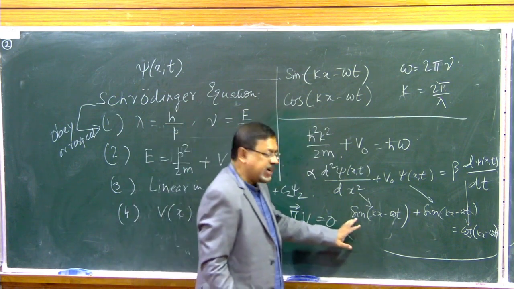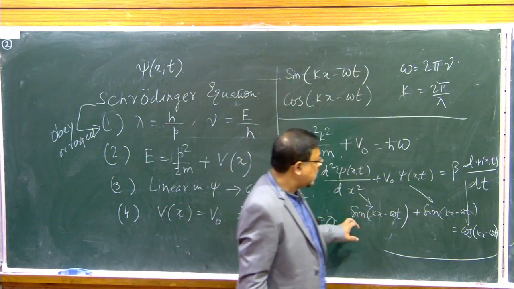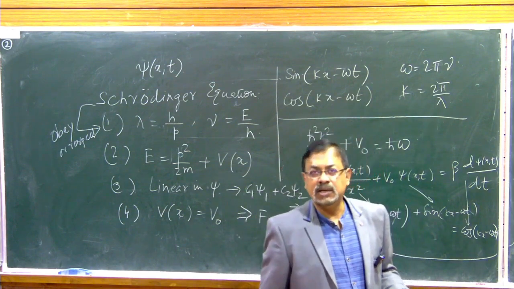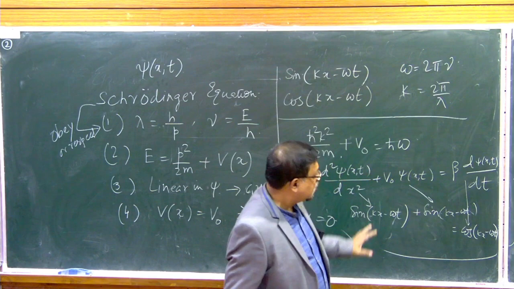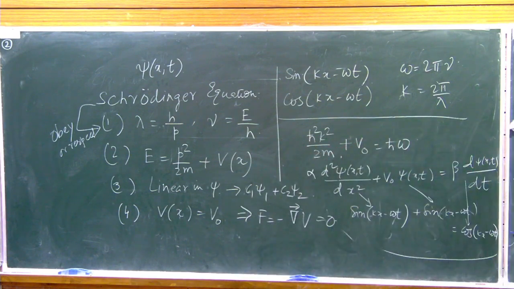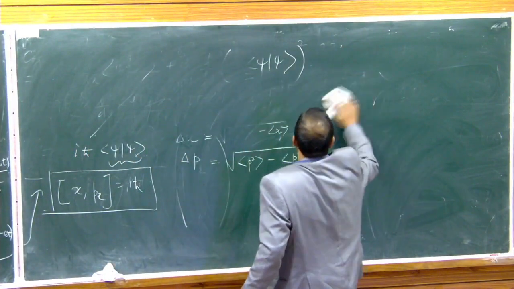Now, this is a very difficult equation to satisfy, because cos and sine are out of phase by pi by 2. So this will be a very difficult thing to satisfy.